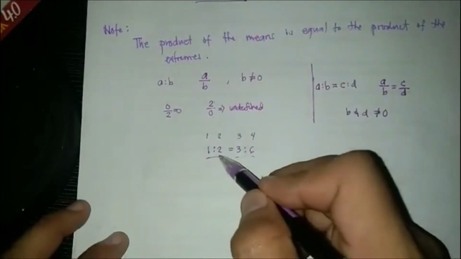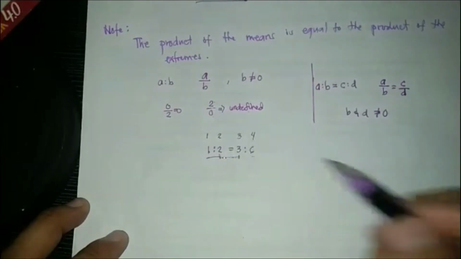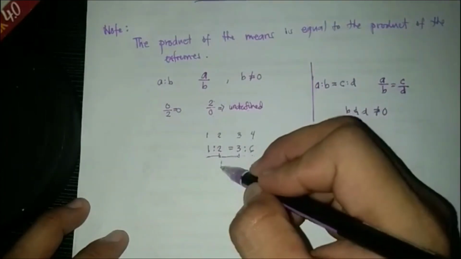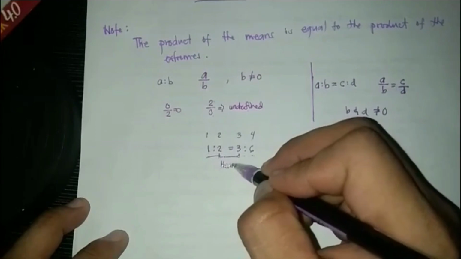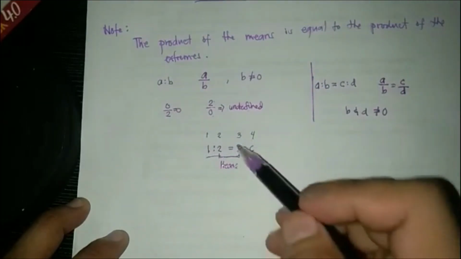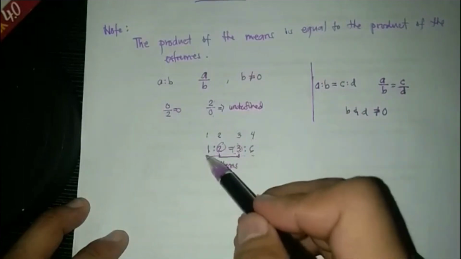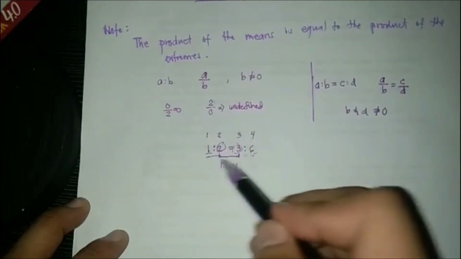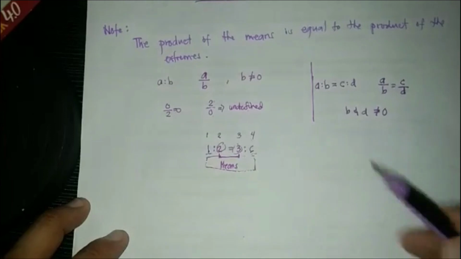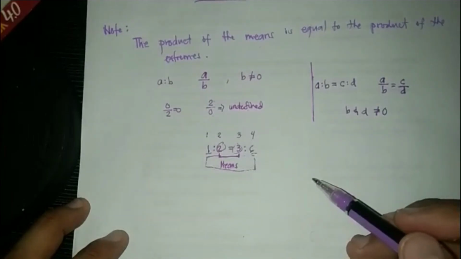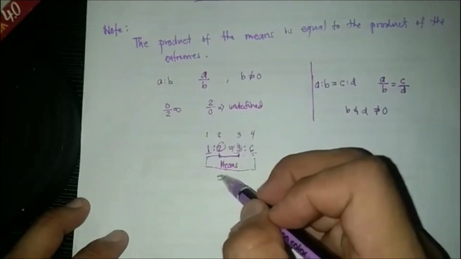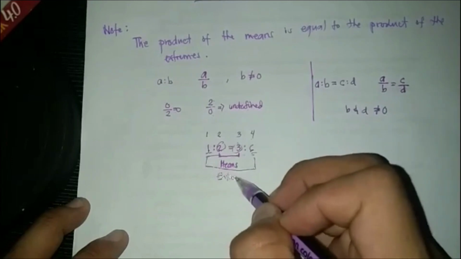Ang tawag po dito sa second and third terms ay means, o yung tinatawag nating inner terms. Yung 1 and 6, ang tawag naman po natin dyan ay outer terms or extremes.